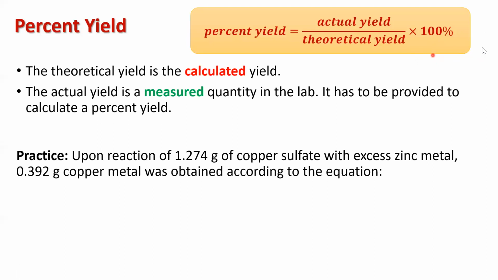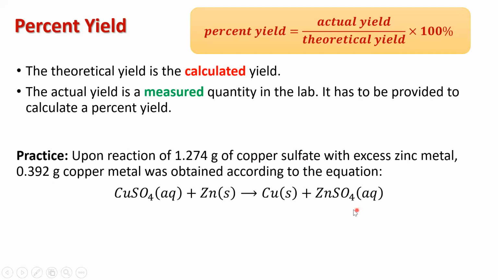So for this practice problem, it says, upon reaction of 1.274 grams of copper sulfate with excess zinc metal, 0.392 grams of copper metal was obtained in this reaction.